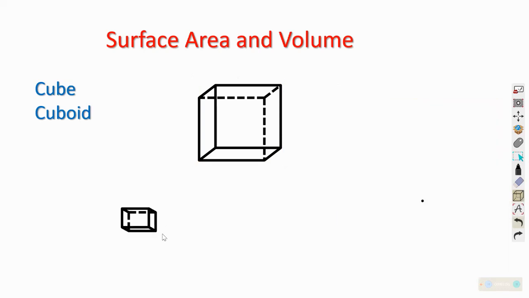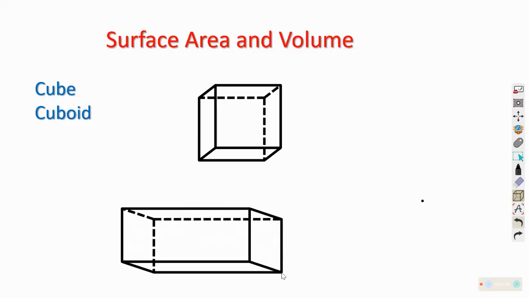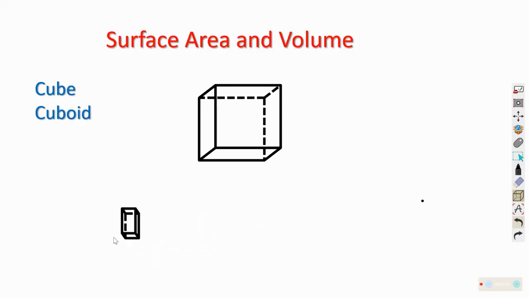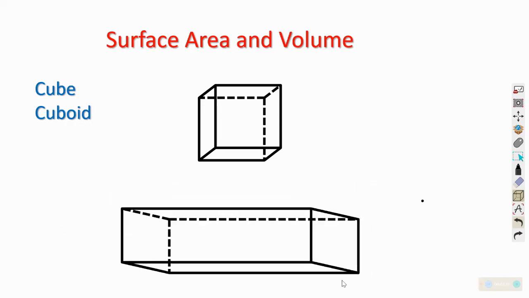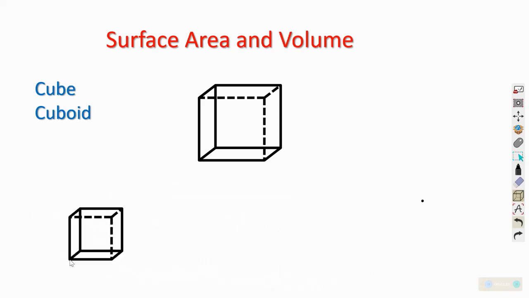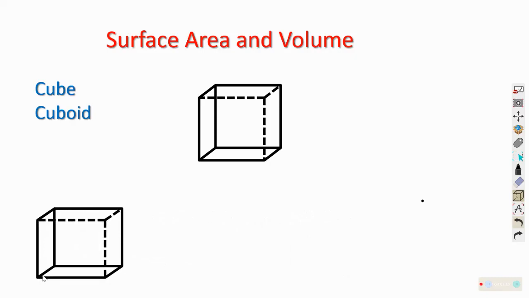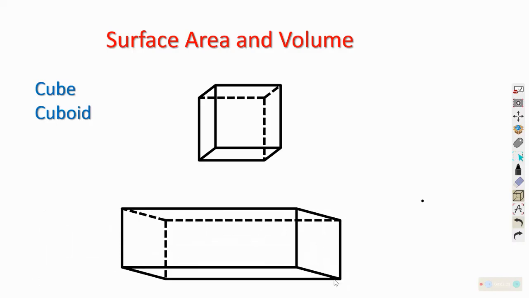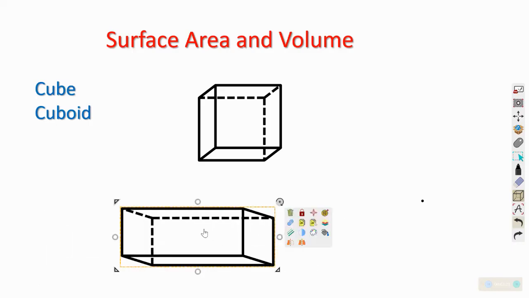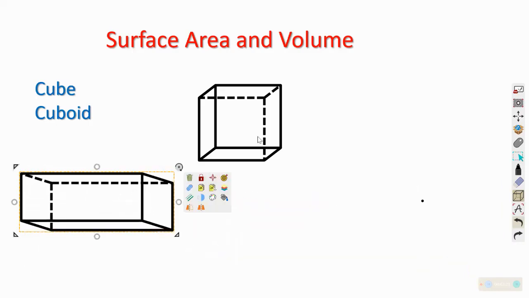Whenever we think about a cuboid, it will be having a length, a breadth and height, where all these three can be different. It can be like this, it can be in any format. These all are cuboids. But when all the sides become equal like this, approximately, these are rough diagrams, we call it as cube. So the earlier diagram is if it is a cube, this is a cuboid. Understood? So we are having a cube on the screen and a cuboid on the screen.